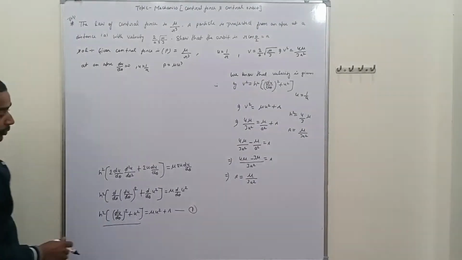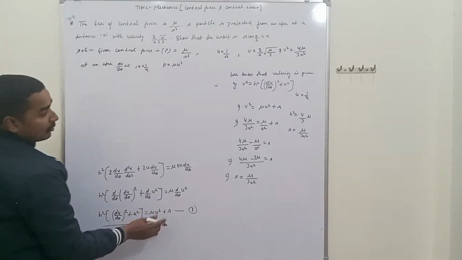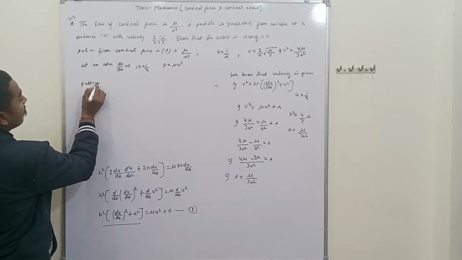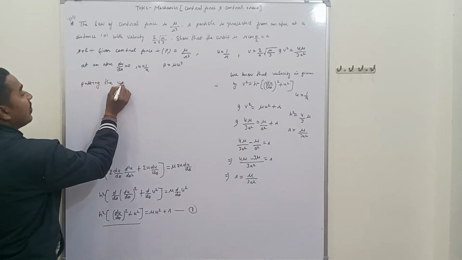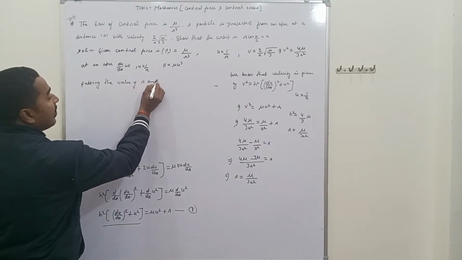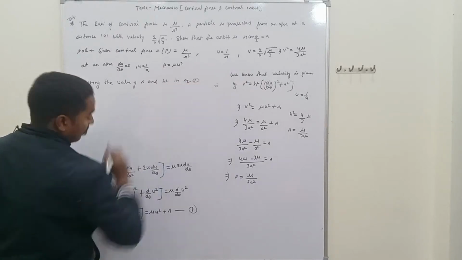Further we have to put the value of h square and a in equation 1, putting the value of a and h square in equation 1.